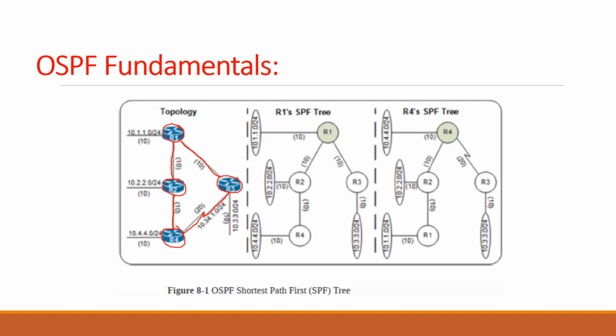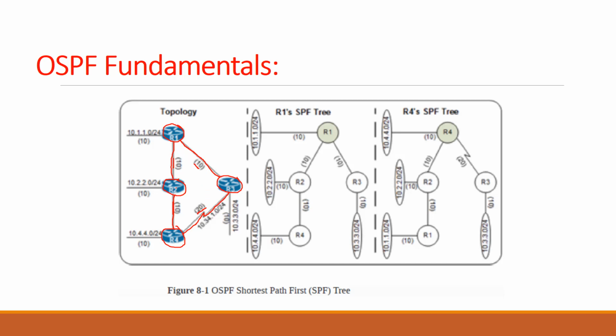The cost of each path is 10 here, 10 here, 10 here, and 20 here. Let's take it from R1's perspective.